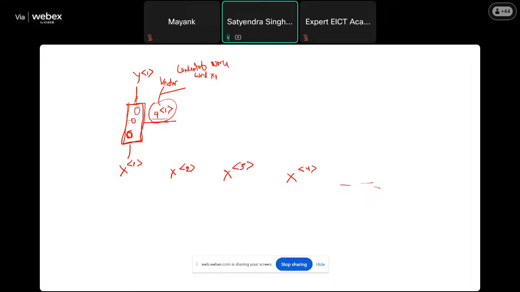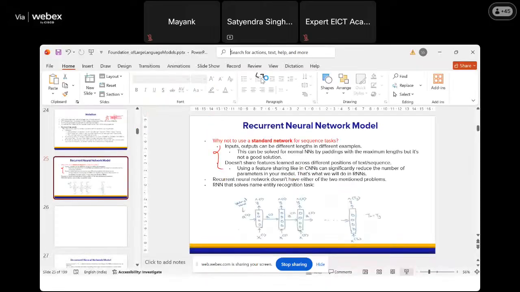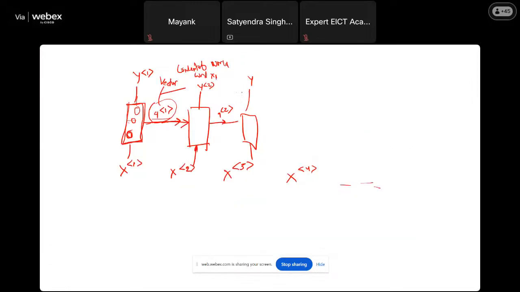So you can think of this as a vector which takes the context from here, and we pass this to the second RNN unit, which takes the x2 and context from the previous word, and it generates the output y2. In turn, it also gives you the context vector that goes to the third RNN unit, which generates the output y3.